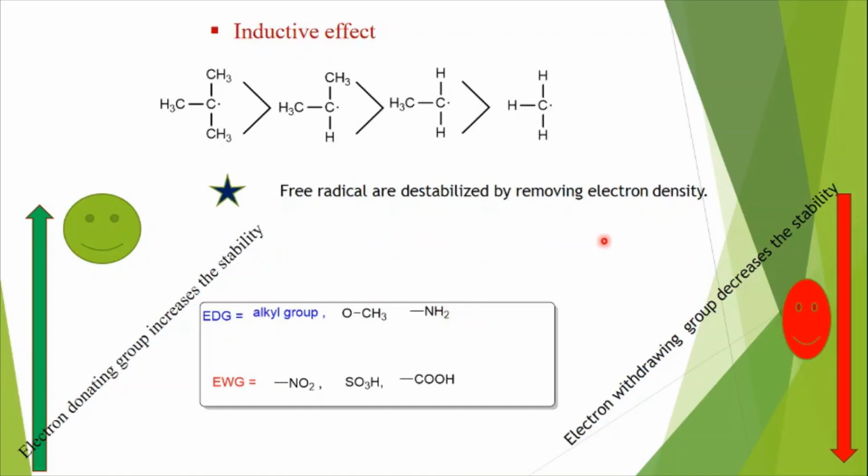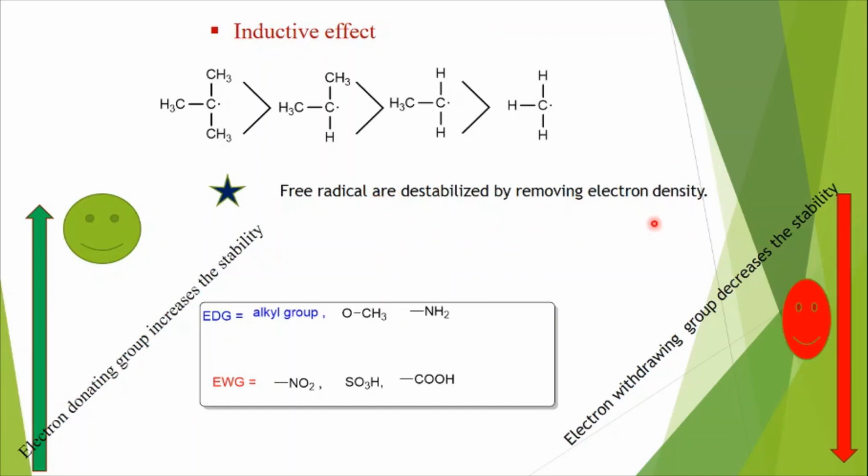Next, one more important point is that free radicals are destabilized by removing electron density. The group which is responsible for removing electron density from the radical destabilizes that radical.